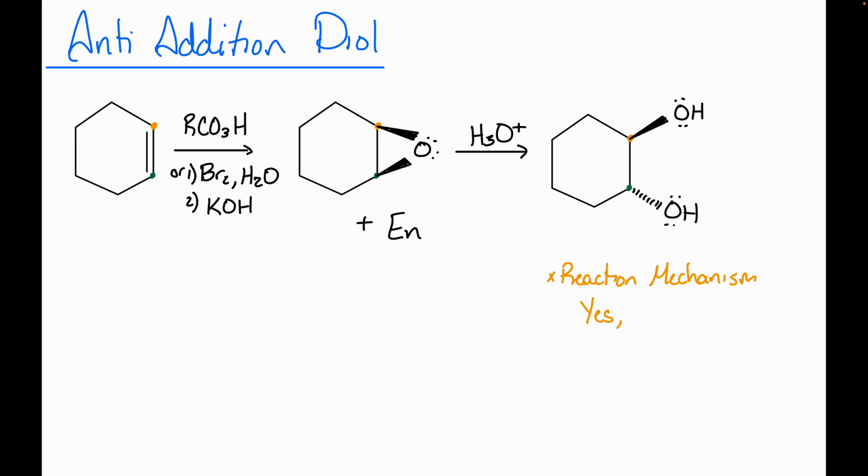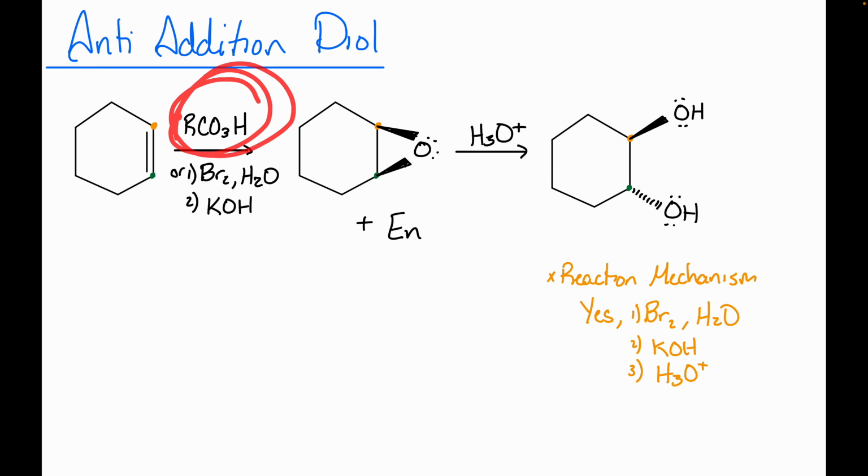I guess I should say yes for specifically the Br2, H2O, KOH, and dilute acid method. We don't know how this peroxy acid works. But for the other method, we actually know all 3 steps in that mechanism.